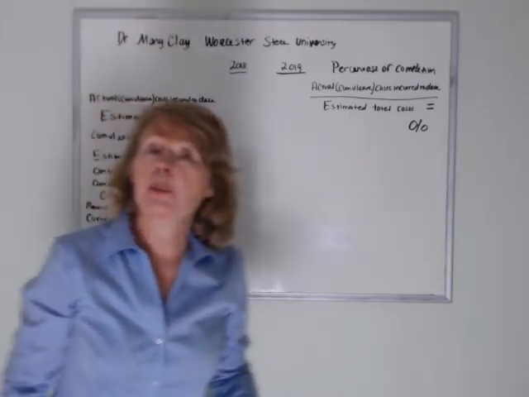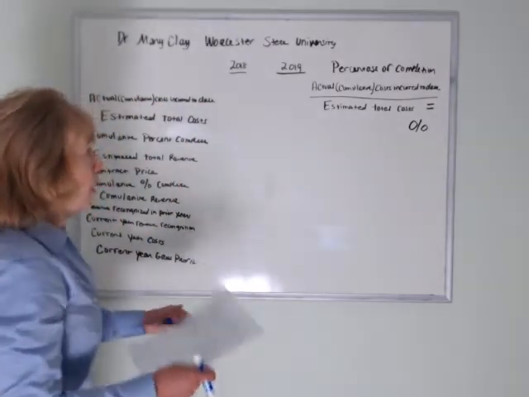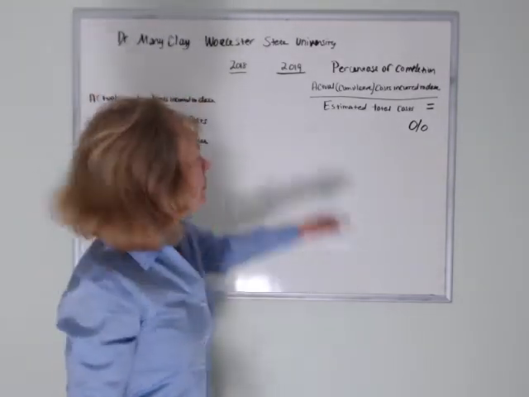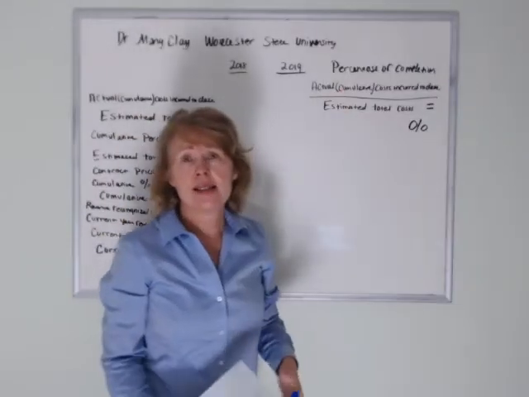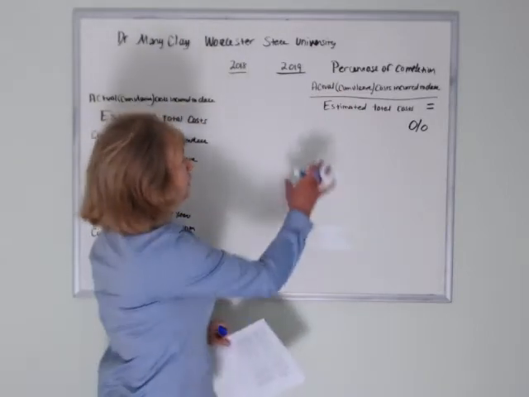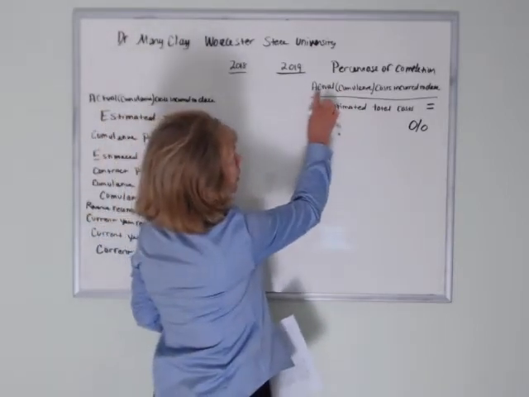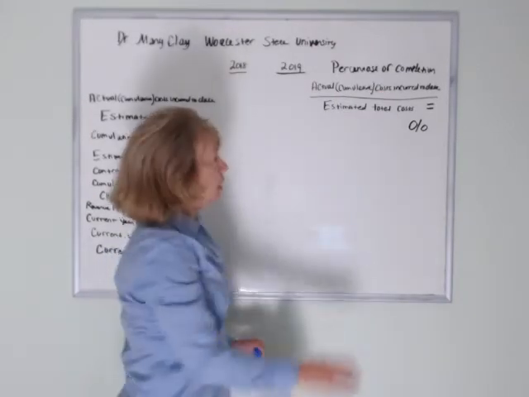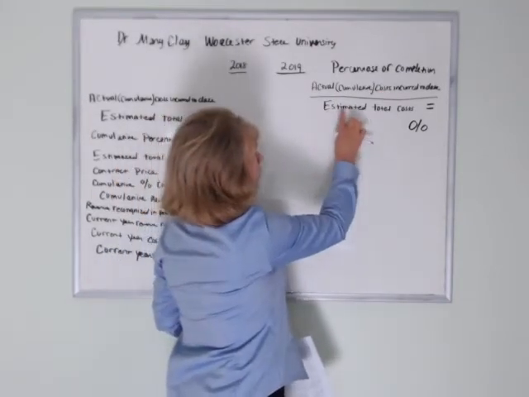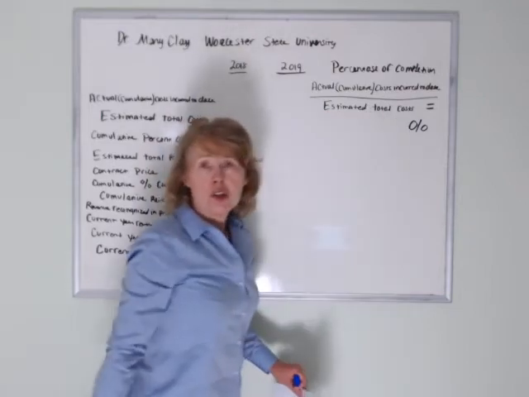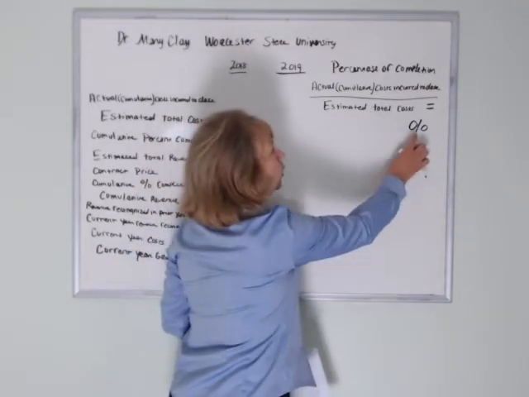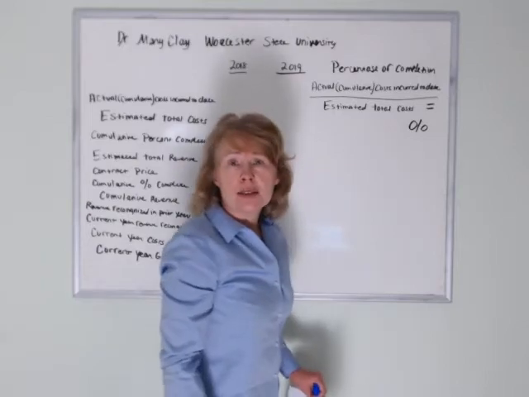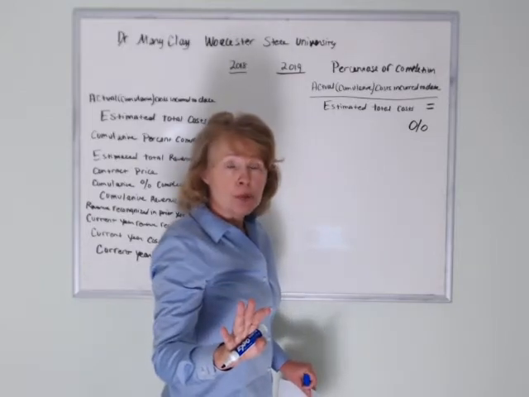Now we're going to put it together. Before we begin though, everybody get this equation down. Actual cumulative costs incurred to date, that's your numerator, divided by the estimated total cost, that's your denominator. That will equal your percent complete. So write that down in your notes.